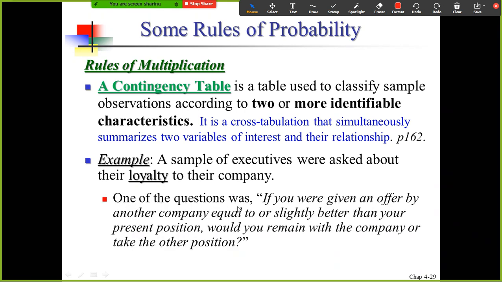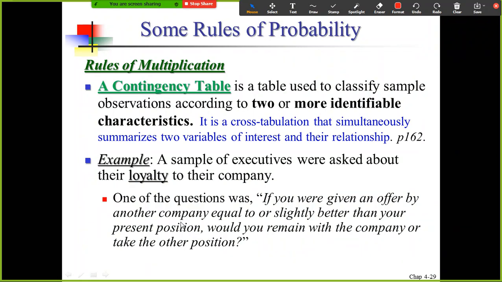The question could be asked: if you, the executive, were given an offer by another company equal to or just slightly better than your present position, would you remain with the company that you work in, or would you take the other position in a new company?